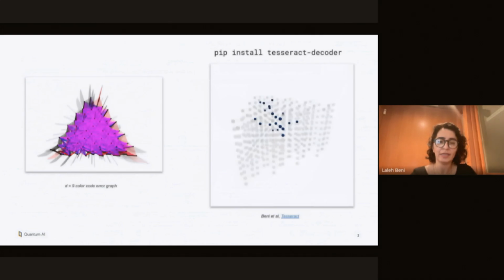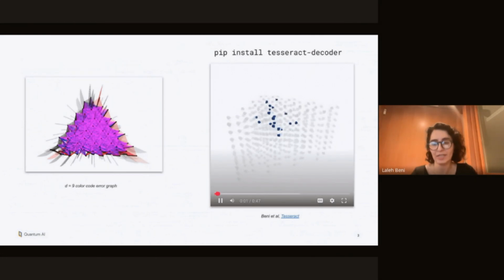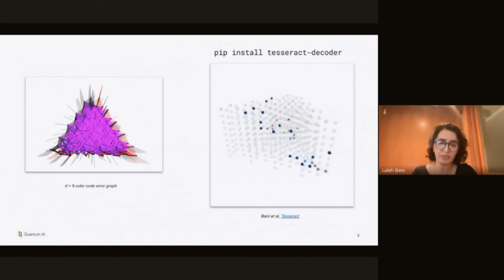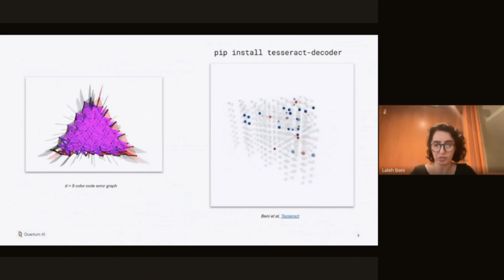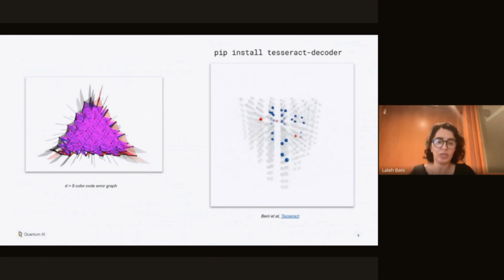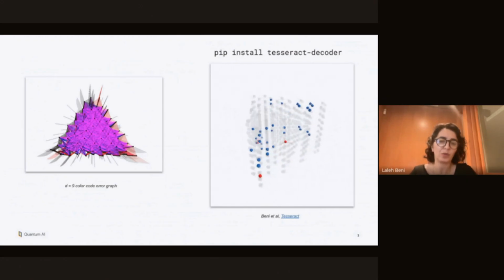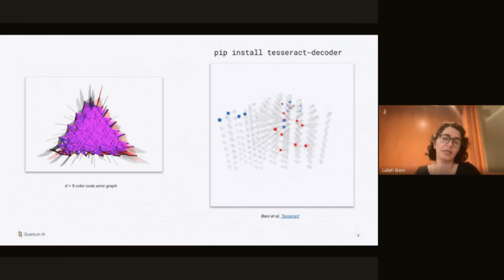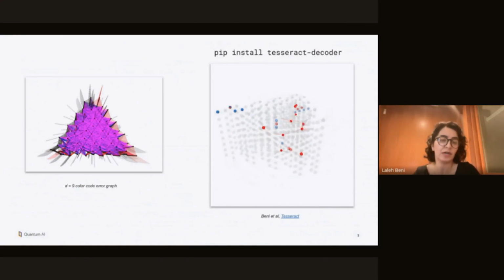And the whole purpose of Tesseract is to give researchers, or whoever wants to do decoding, the capability to do that for graphs that have complicated hyperedges.